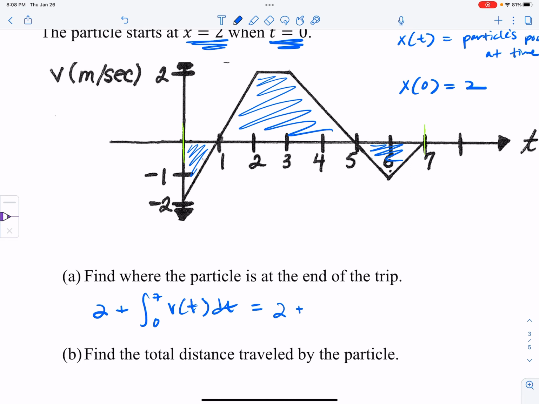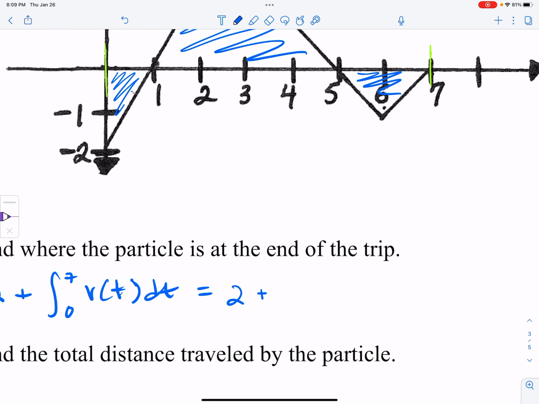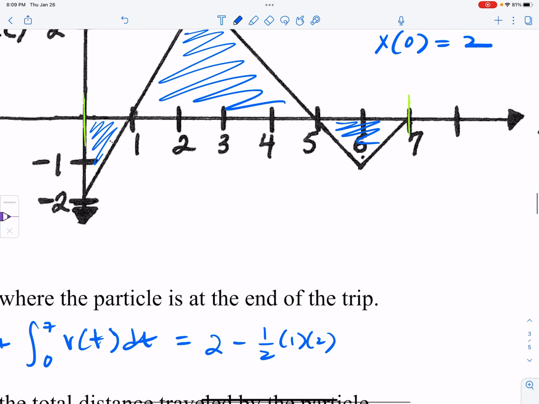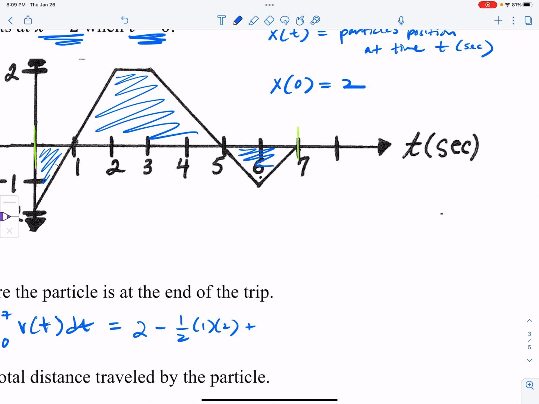Okay, so from 0 to 1, that triangle is going to be negative area. So it'll be minus 1/2 base times height, which would be 2. So we're going to end up subtracting 1. And then plus, we have a trapezoid.